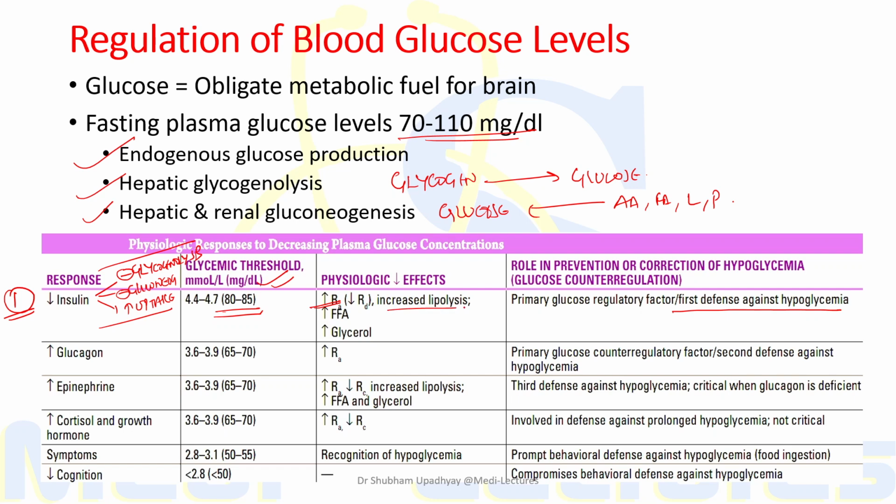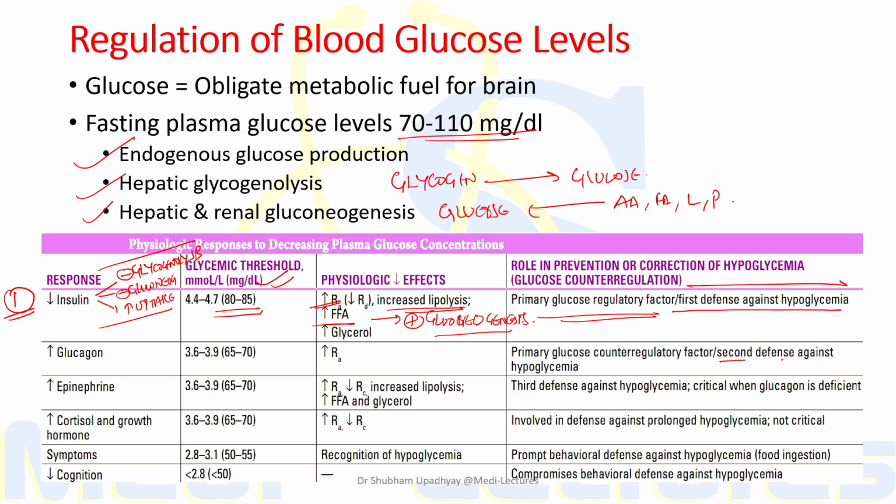There will be increased lipolysis, increased free fatty acids and glycerol. As these precursors are released, this will lead to increased gluconeogenesis, also stimulate glycogenolysis, and decrease uptake of glucose by the peripheral tissues. So it is the primary glucose regulatory factor, or first defense against hypoglycemia.